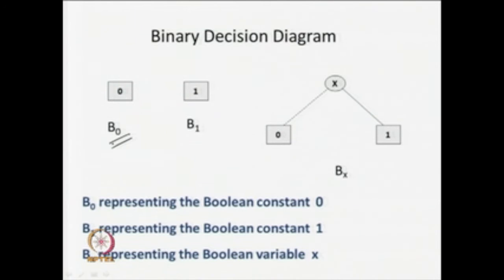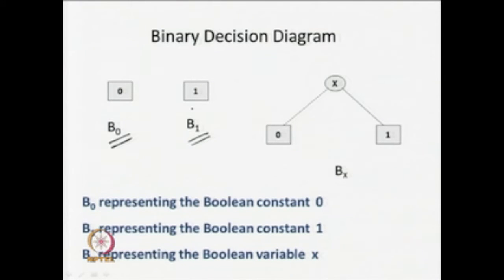So, B0 is representing this particular BDD, which represents the Boolean constant 0. Similarly, we are having one binary decision diagram B1, which represents a Boolean constant 1. That means, this is just a box written 1 over here. So, this is a primitive BDD, it says that this is the Boolean constant 1. B0 says that this is the Boolean constant 0.